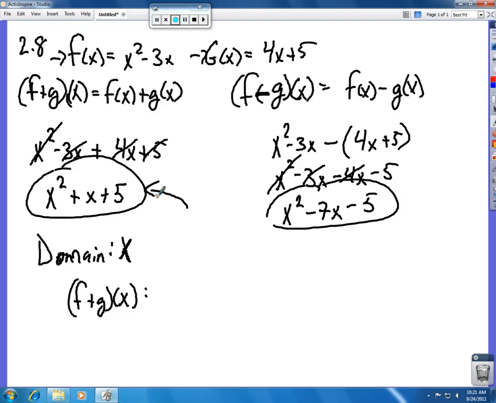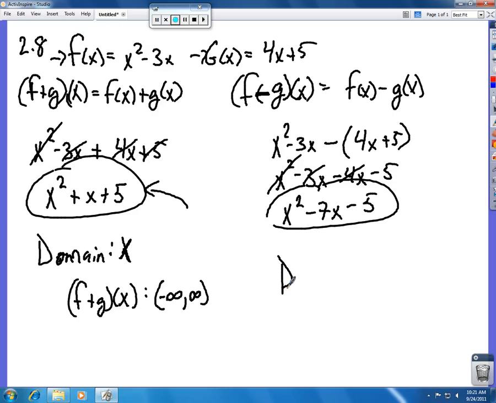Technically, by looking at it, you should see that no matter what x value you plug in there, you're basically going to get a unique y value or an output. So for this one, your domain is this.